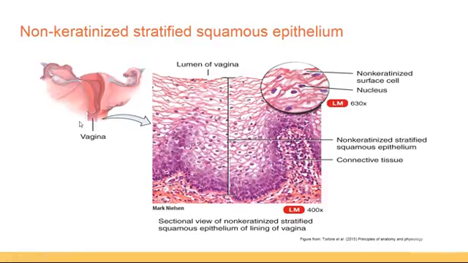It wouldn't make sense to have that kind of process occurring within the vagina because we want it to be a moist, warm environment, and so we don't have that waxy protein produced by the epithelial cells that line that particular structure. But there's a number of layers of cells there so that it's a protective feature, because there can be a little bit of trauma associated with the function of the vagina.